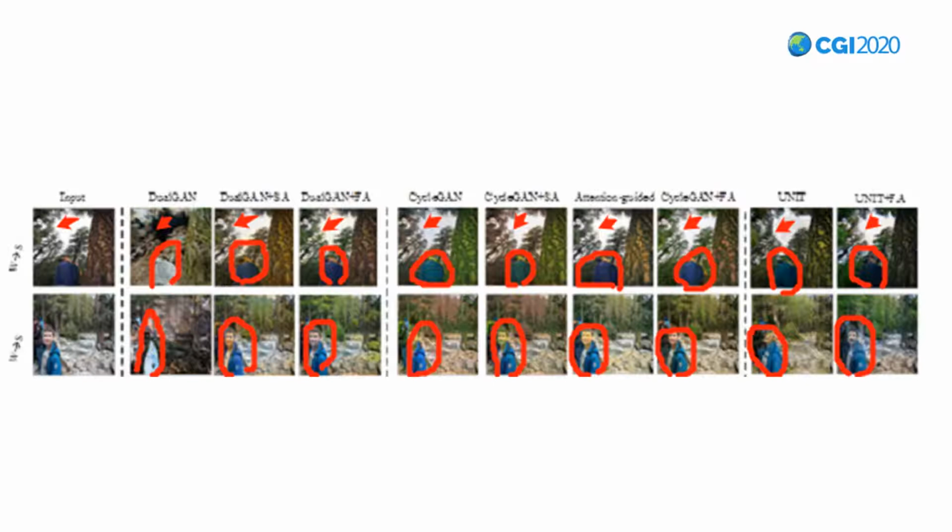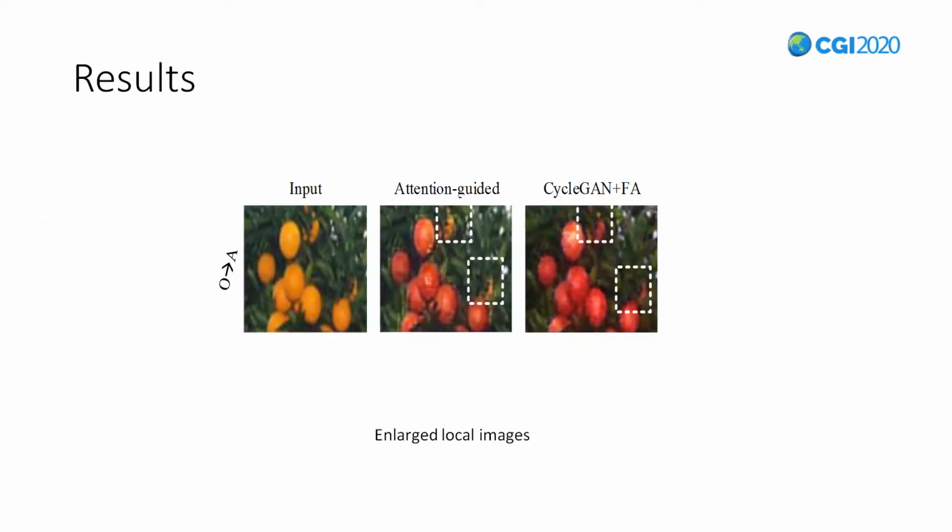The second one, the domain-relevant regions are translated closer to the context of the target domain. More details are captured and translated, such as the apples hidden behind leaves in this image.